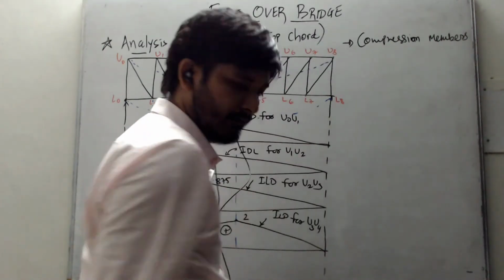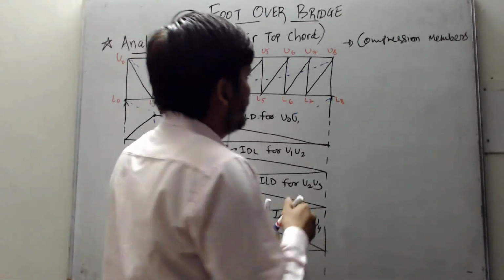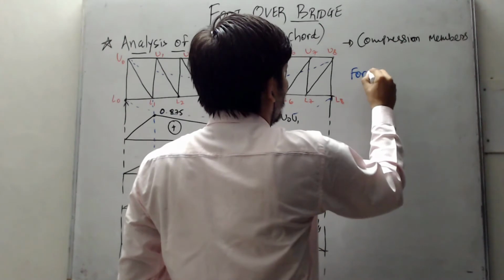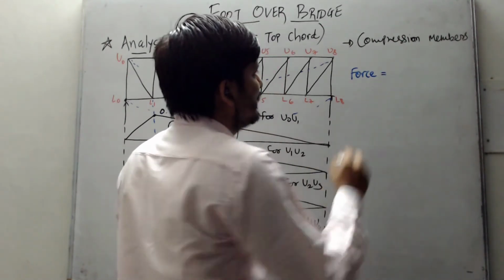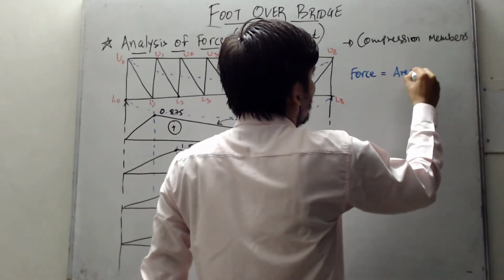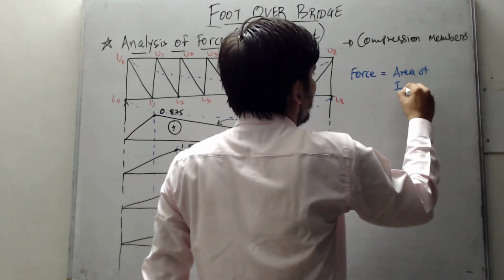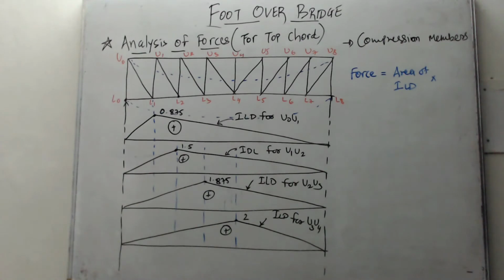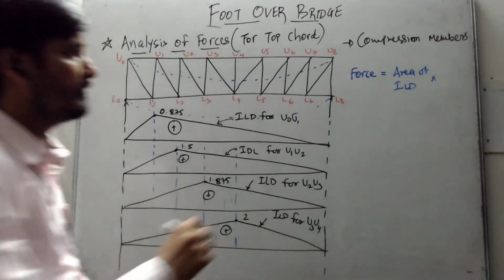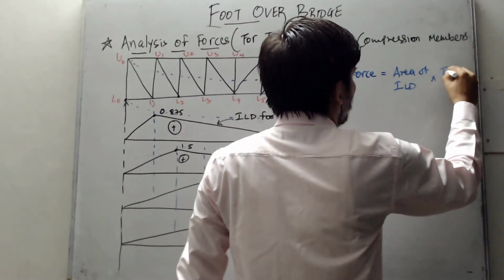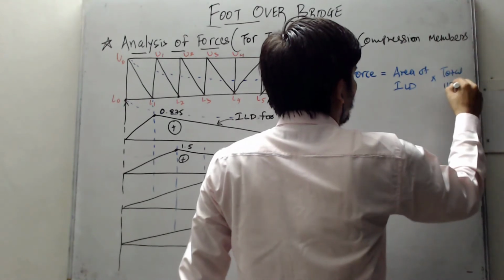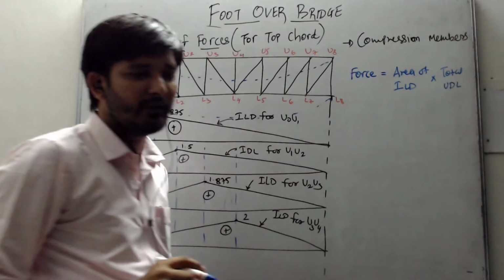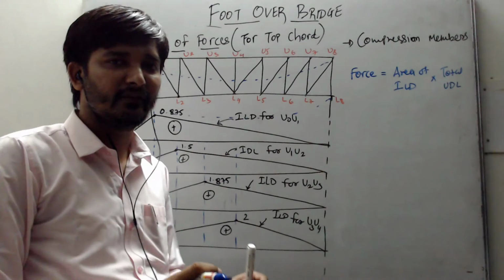Force will be equal to the area of ILD multiplied by the total UDL. The total UDL we already calculated in the previous session, so refer to that, you get that value from there.